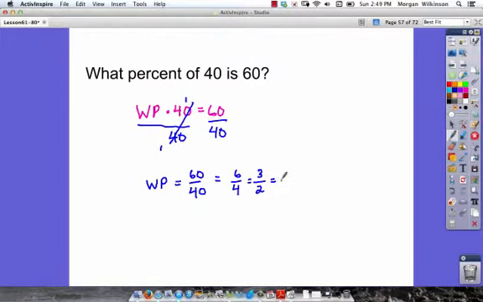And 3 over 2 as a mixed number is just 1 and 1/2. So our question said what percent? Well, 1 and 1/2 must be equal to 150%, because 1 and 1/2 is greater than 1, so our percent must be greater than 100. We've got our answer. We've got one more example.